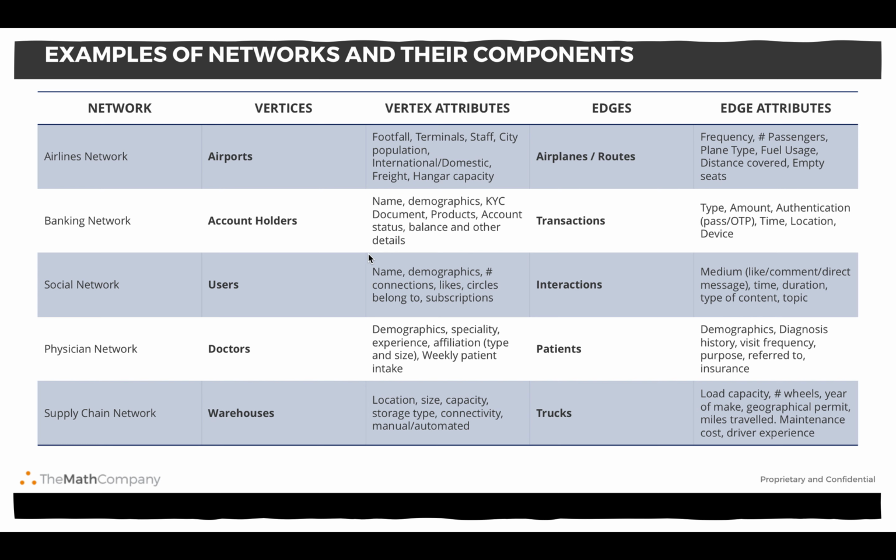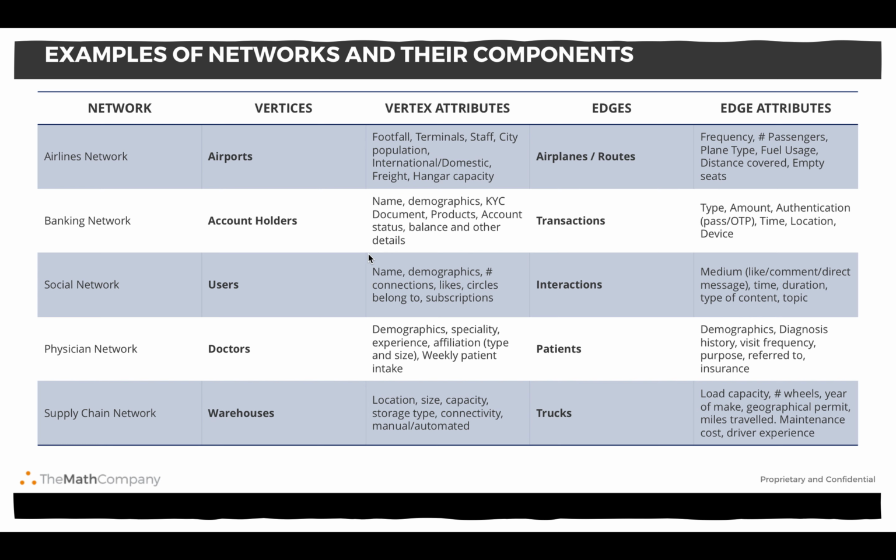And the supply chain network is something that has been around for ages, and it has been the discussion of many scientific problems, even optimization problems. In this example, we could consider the warehouses as the nodes or vertices.